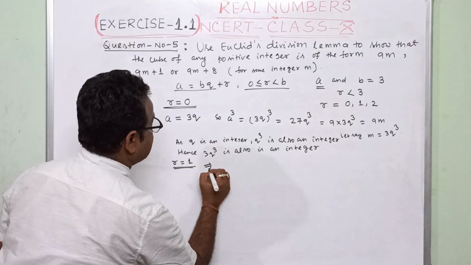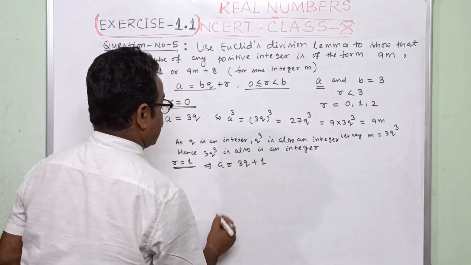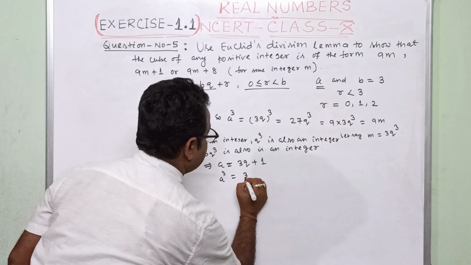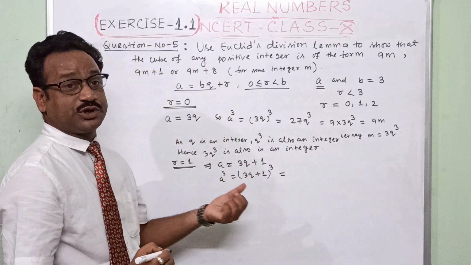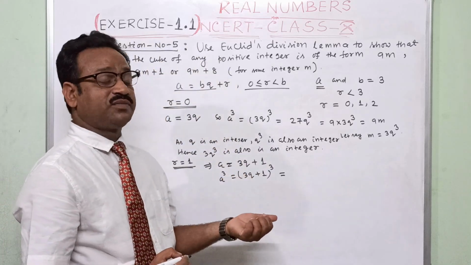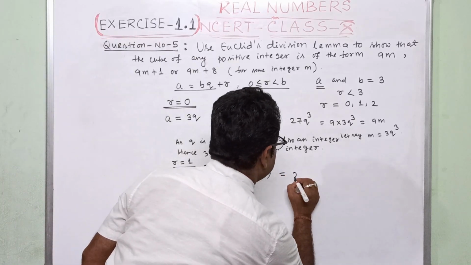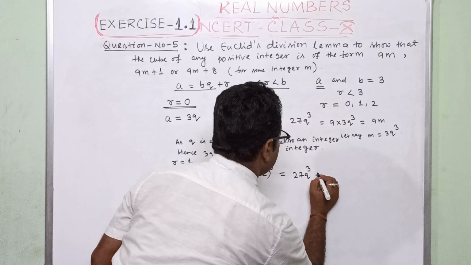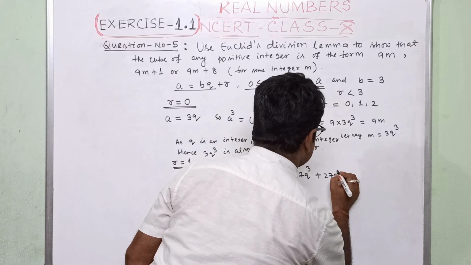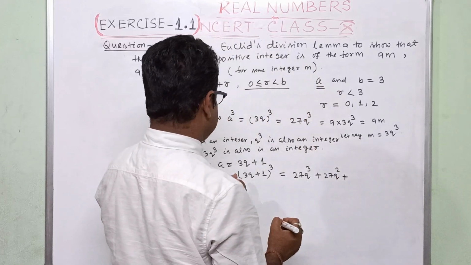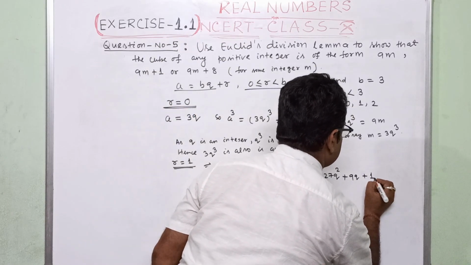Now r is equal to 1. That implies a is equal to 3q plus 1. So a cube is equal to (3q plus 1) whole cube, which is (a plus b) whole cube, equal to a cube plus 3a square b plus 3ab square plus b cube. So that is 27q cube plus 27q square plus 9q plus 1.